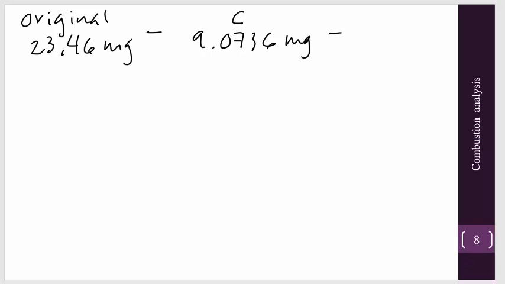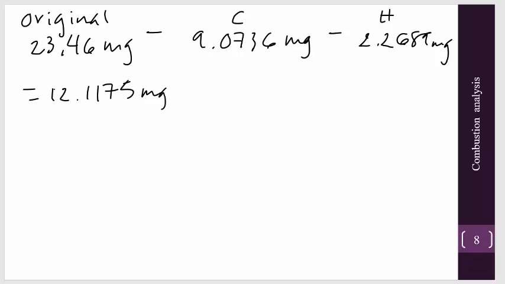We also know how much hydrogen was in that original sample, which was 2.2 some milligrams. So the original contained only carbon, hydrogen, and oxygen. So whatever is left over has to be milligrams of oxygen, which works out to be 12.1175 milligrams of oxygen. So with this, we know how much oxygen was in that original sample.